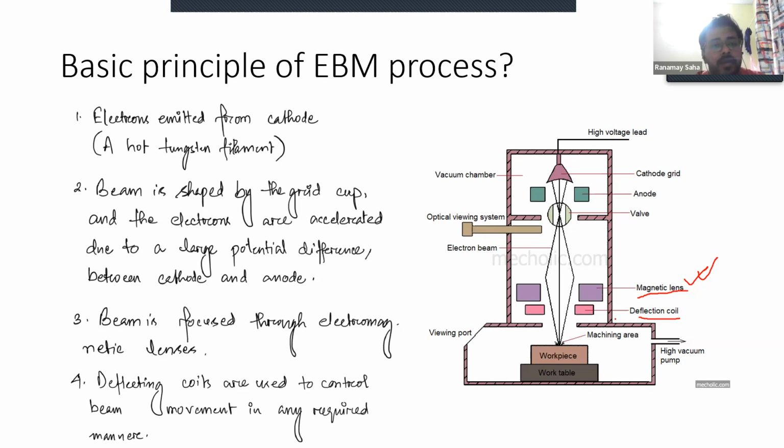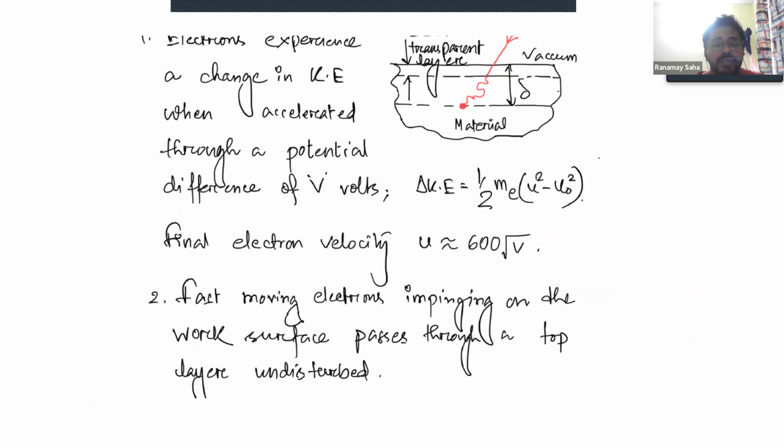Now, moving ahead, what is the basic mechanism of EBM machining? Let's suppose this is your material under consideration, and this is one electron beam incident on the surface. For the first little distance, just close to the surface of the material, the electron beam hardly makes any impact.